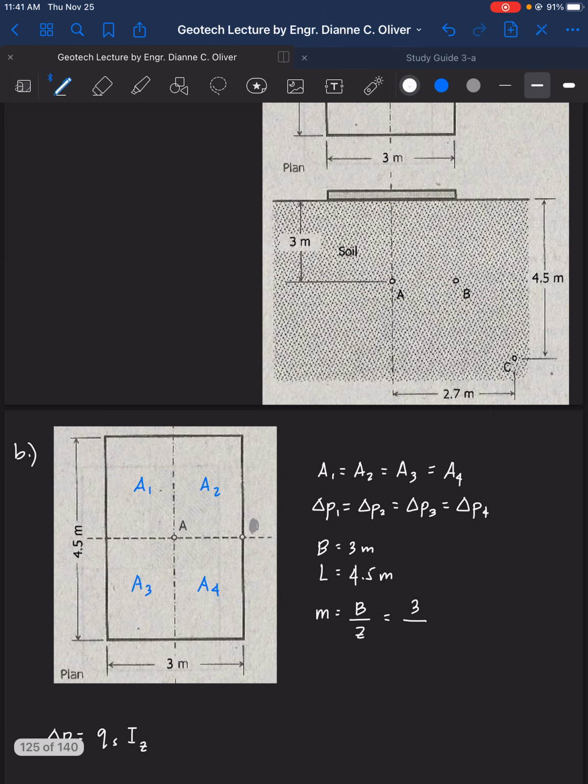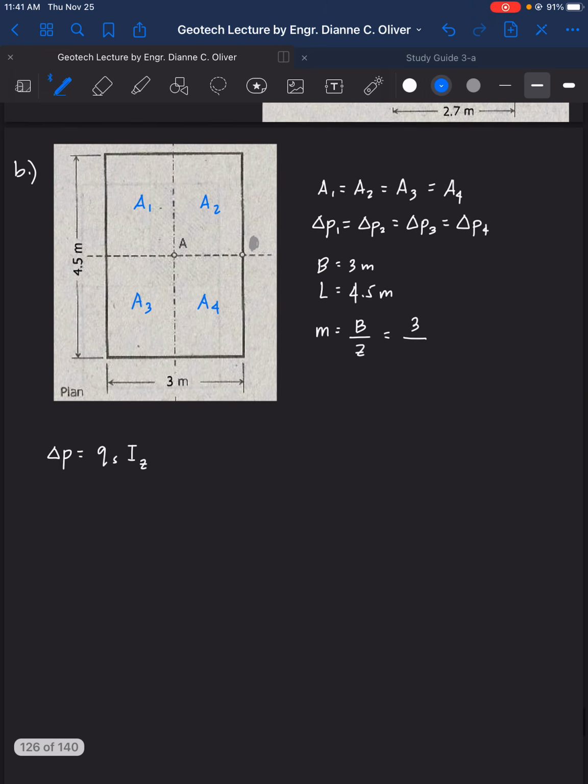Z is here. That is Z, 3 meters. Therefore M is equal to 1. N is equal to L over Z, and we have here 4.5 divided by 3.